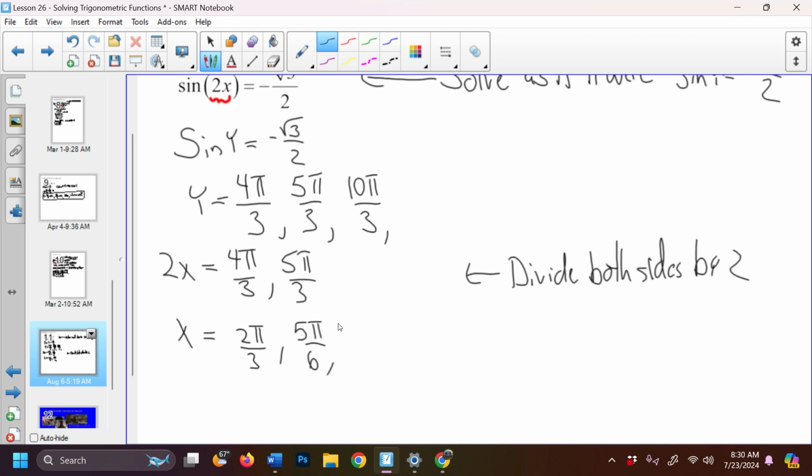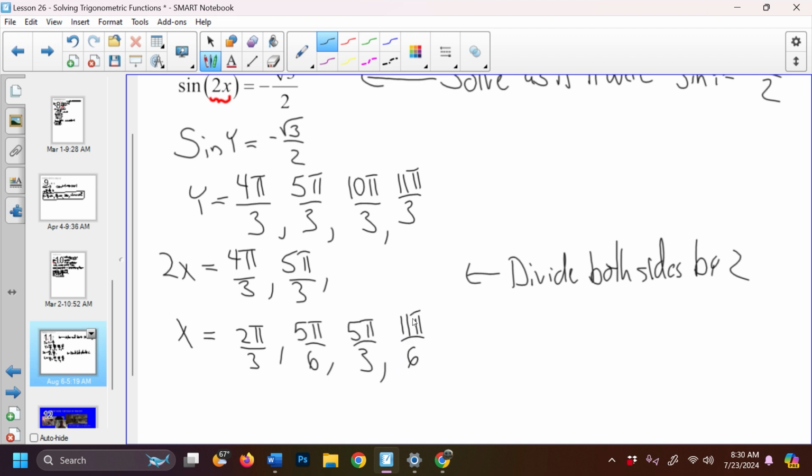And then if I added 2 pi to 5 pi over 3, I would get 11 pi over 3. So if I did the same thing to those values, 10 pi over 3 divided by 2, I get 5 pi over 3. And then 11 pi over 3 divided by 2 will be 11 pi over 6.